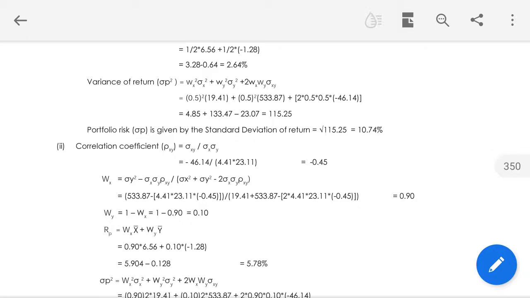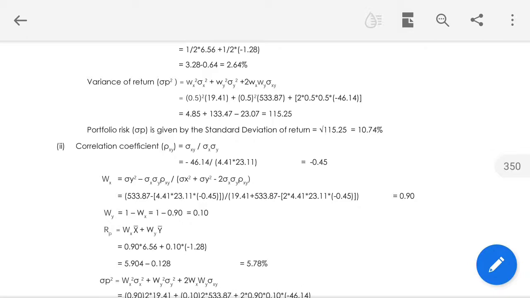So when we substitute values, sigma y square is 533.87, as we refer to the question number 36 answer, minus sigma x is 4.41, sigma y is 23.11 and rho xy is what we just calculated, 0.45 negative value, divided by sigma x square 19.41 plus sigma y square 533.87 minus 2 into 4.41 into 23.11 into minus 0.45.